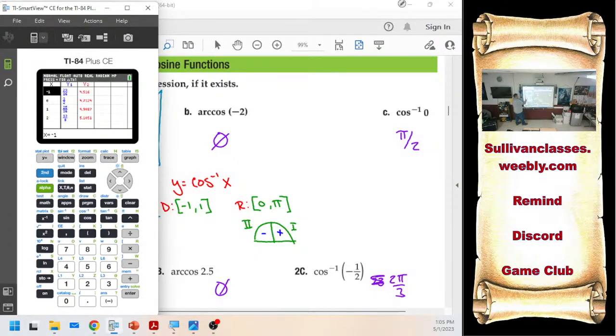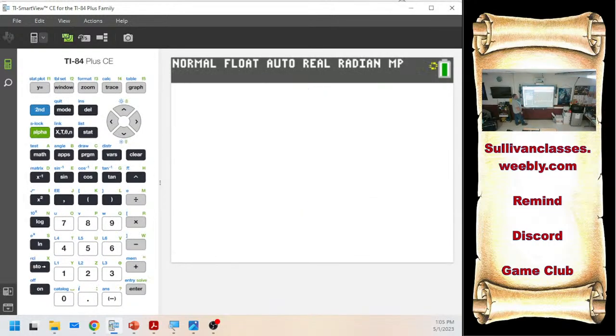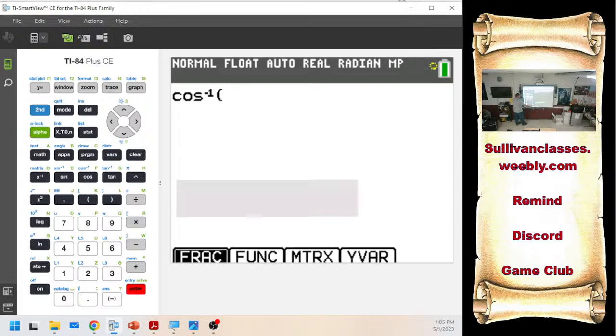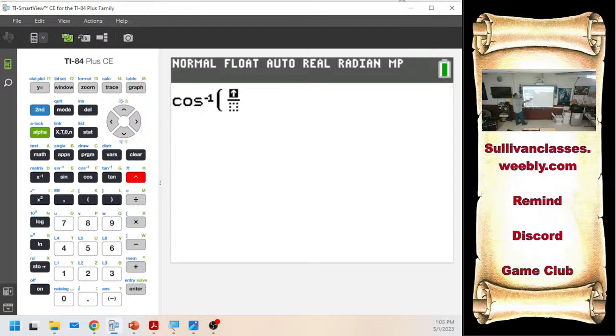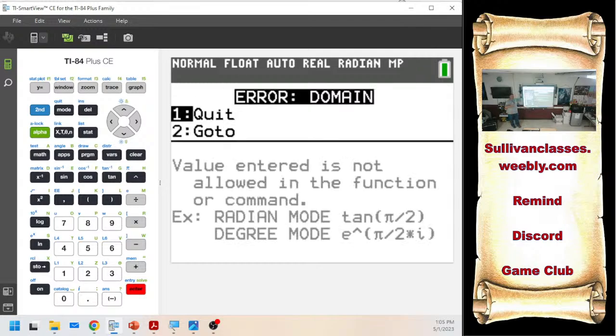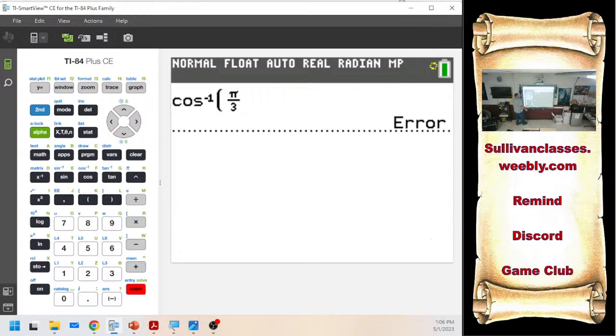Right now I am in radians. If I try to do the arc cosine of pi over 3, it's just going to tell me no, you can't do that because it's a value outside of -1 and 1. If I instead switch that over to pi over 6, now it's perfectly legal.